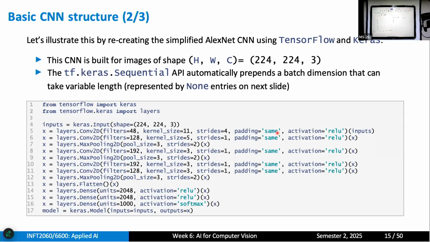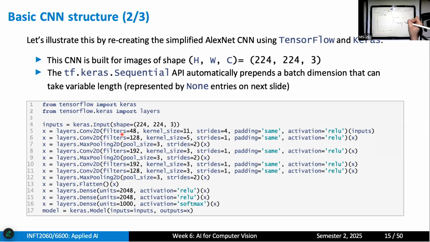Now the first convolutional layer, the first Conv2D.